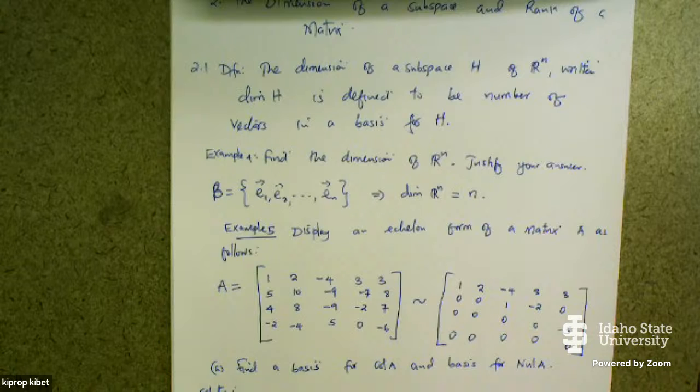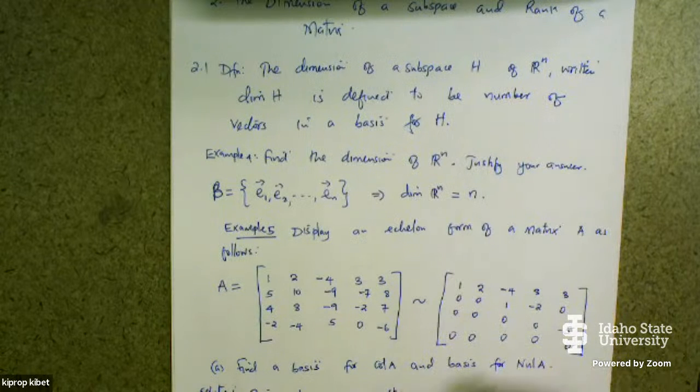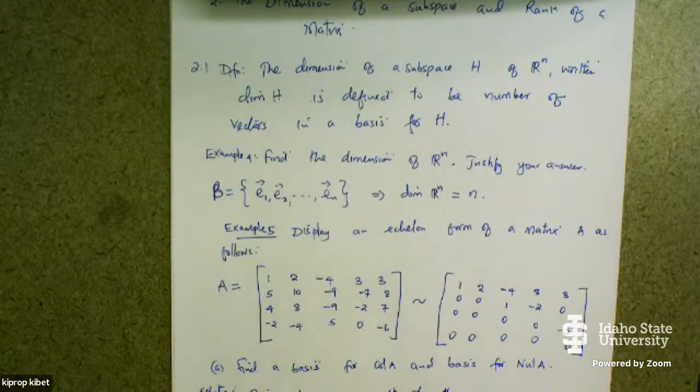So the pivot columns are the first, third, and the fifth.